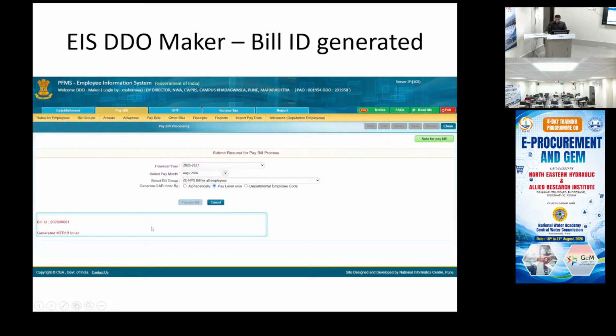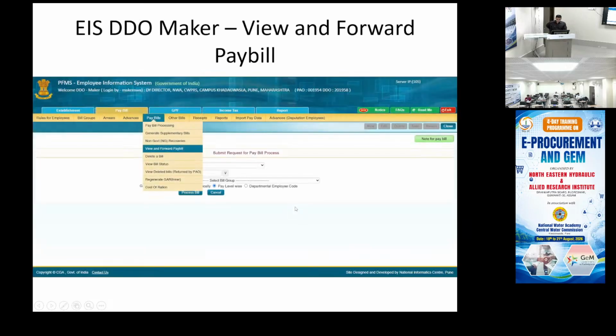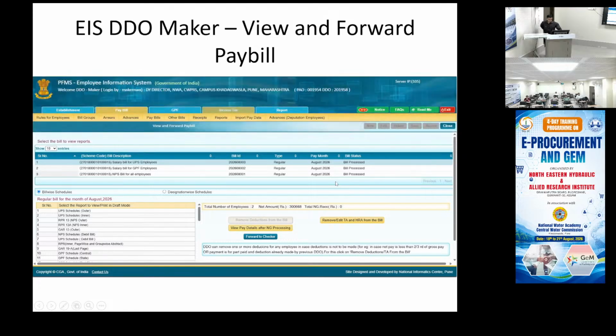I process the bill. So you click on process bill for all the bill groups. Next is view and forward payable. So these three salary bills have been created, and these are the various schedules on the left.